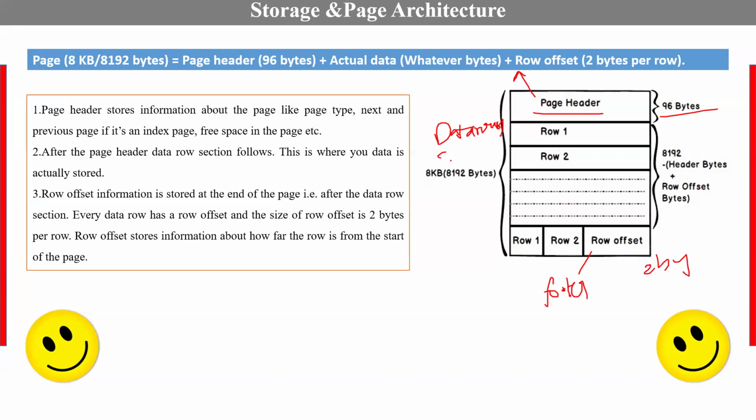And the data rows size is 8096 or 8092, some value. The page header is 96 bytes and the row footer is 2 bytes. It's not kilobytes, it is 2 bytes, sir.